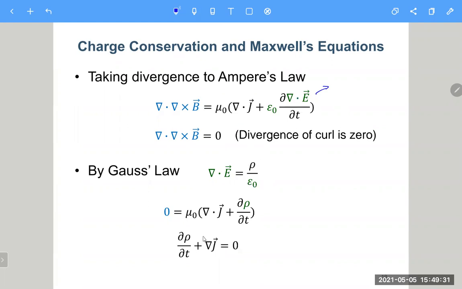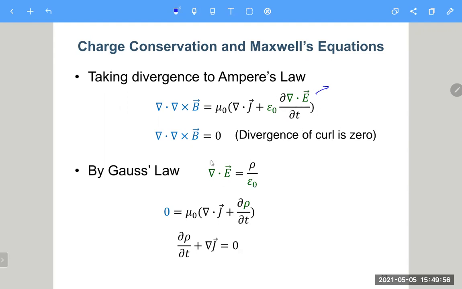For this theorem, we can plug in zero on the left side. So we have zero here, and then mu naught divergence of J plus this one, epsilon naught multiplied by this one.